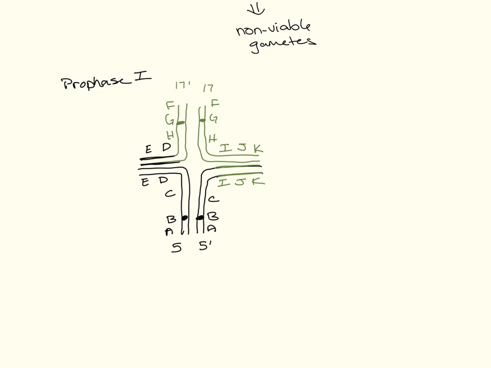So you'll end up with 5 and 17 and 5 prime and 17 prime over here. So now take a minute to draw out the gametes from this one and decide which ones are viable and which ones are non-viable.